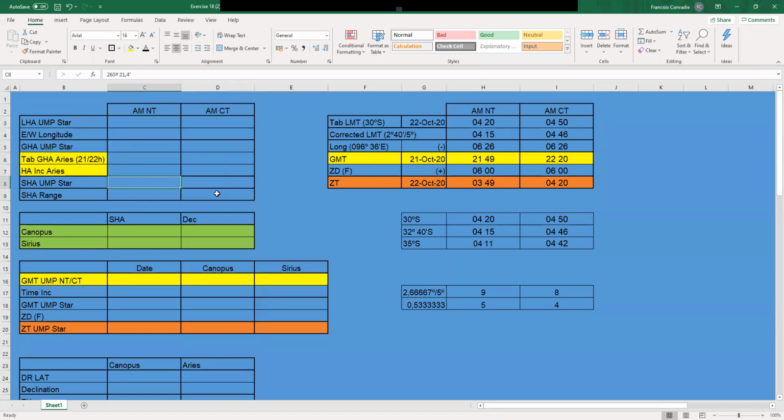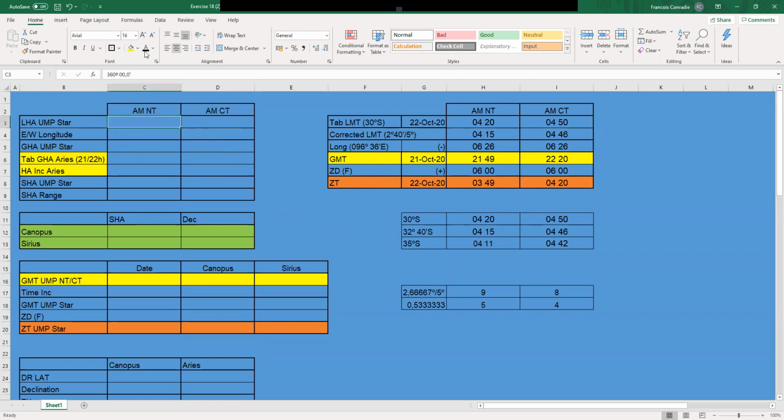That gives us an SHA here and an SHA there, and any star from the almanac that has an SHA between these two will then be at Upper Meridian Passage during the time that we are looking for. That's the purpose of this part here.